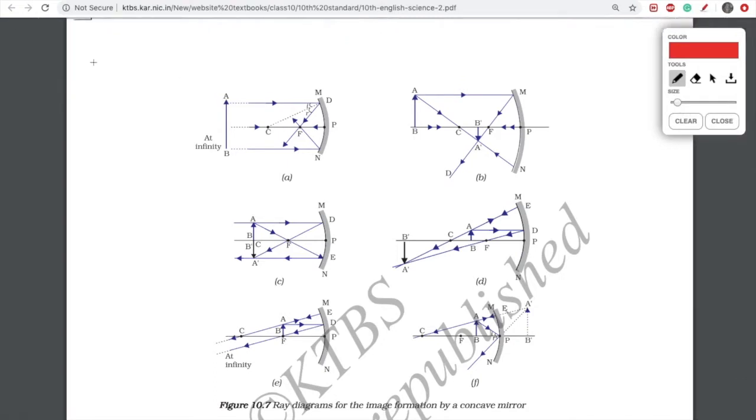So if the sun is very far, now the sun rays are coming like this. So all the rays which are coming seem parallel actually, correct?